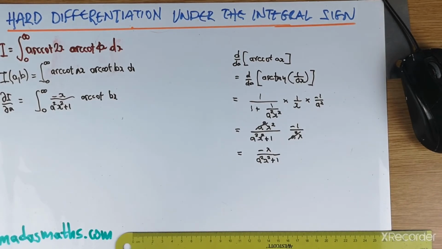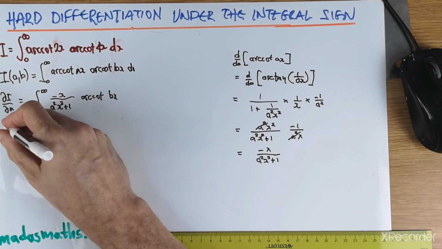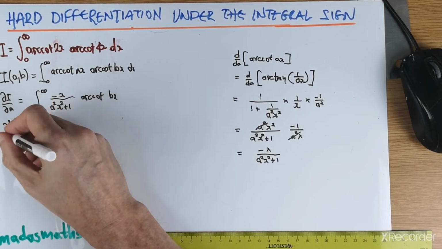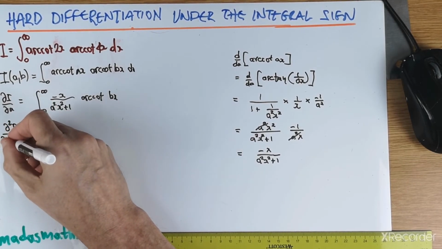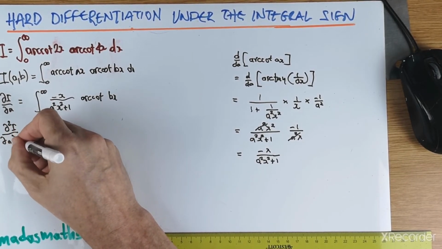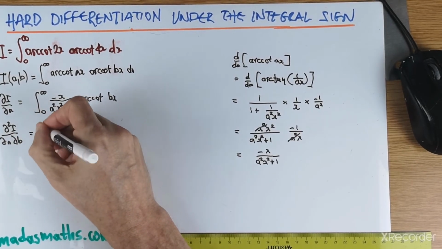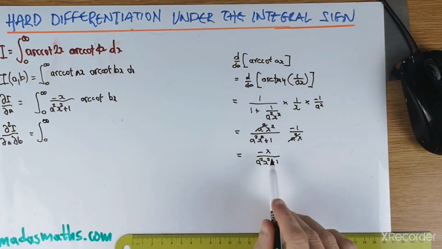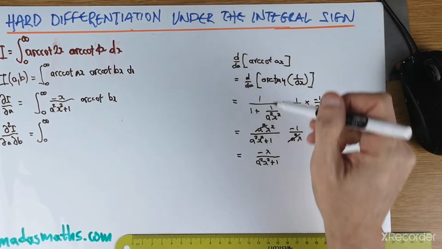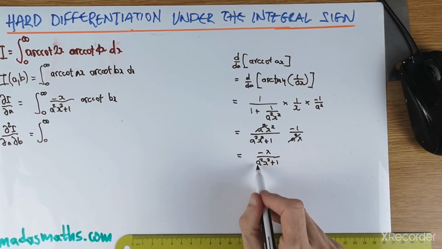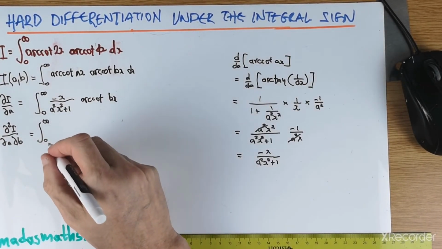bx. And of course, on the next line, we're going to take now the differential with respect to b, dI by db. And of course, I'm not going to write it down. It's going to be symmetrical. It hardly matters whether it was a or b, so it's going to be exactly the same thing with the a squared replaced for b squared.